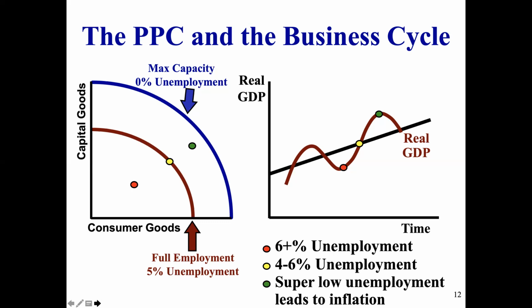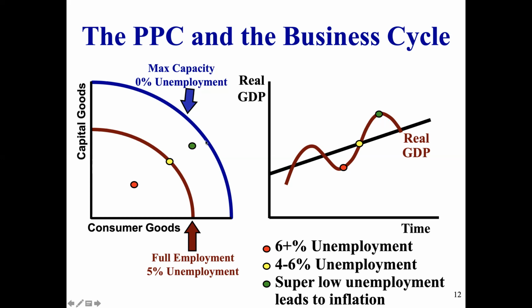So we're going to complicate your view. What we said back in Unit 1 is that any dot outside your PPC, which is your full employment output PPC, would be impossible. Now we're going to complicate that and say you could actually potentially, in the short run, produce beyond your PPC. That would be the equivalent of your economy being overheated and producing more than your potential output. What does that mean if you're operating at this green dot?